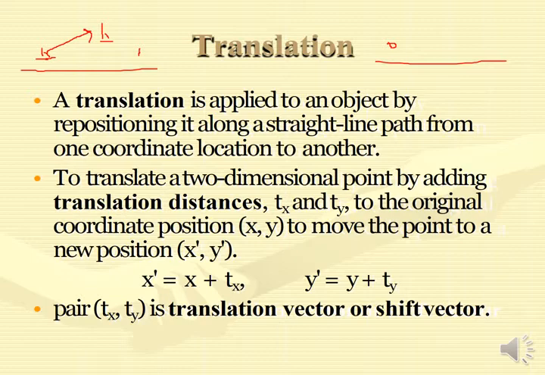So let's say this is the object in frame 1, and let's say it has moved over here in frame 2. That means this object has moved along a straight line, but we can see that its position along the y-axis hasn't changed, but its position along the x-axis has changed.